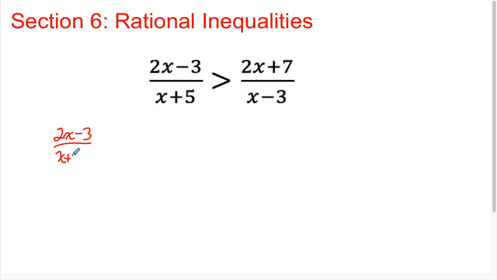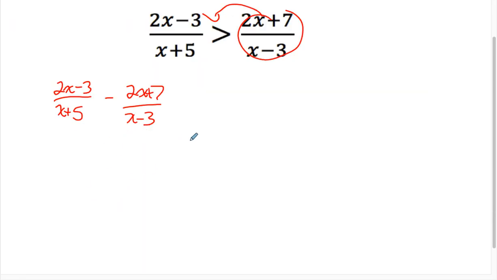So leave the first fraction, bring over this entire fraction to the other side. So minus (2x + 7)/(x - 3). And we want to know when this is greater than 0 now, because there's nothing left on the right. So what we're going to do is combine these two by getting a common denominator. So multiply this one top and bottom by x - 3.